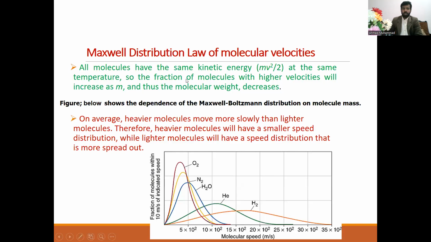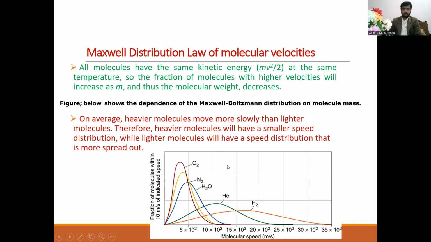If we talk about the effect of mass, on the average, heavier molecules move slower than lighter molecules. So heavier molecules have a smaller speed distribution, while lighter molecules have a speed distribution that is more spread out.